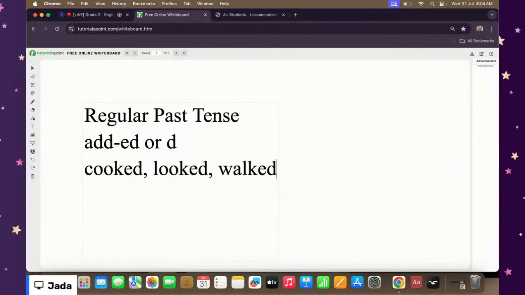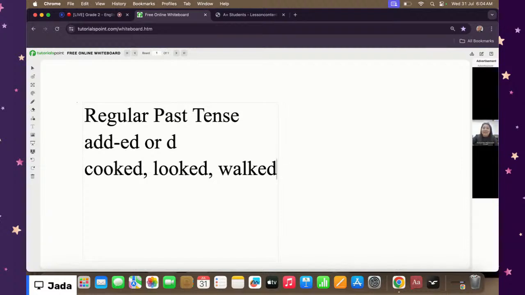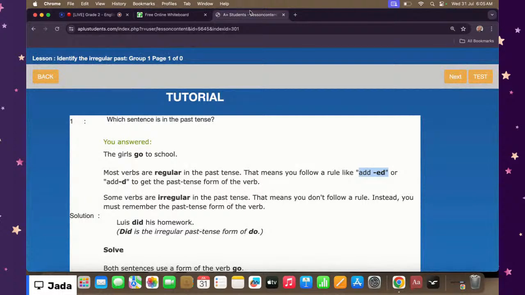This is a regular past tense. And you can have some more examples. Jumped. Okay. So all these are regular past tense. They follow a particular rule, and the rule says to add ed or d.